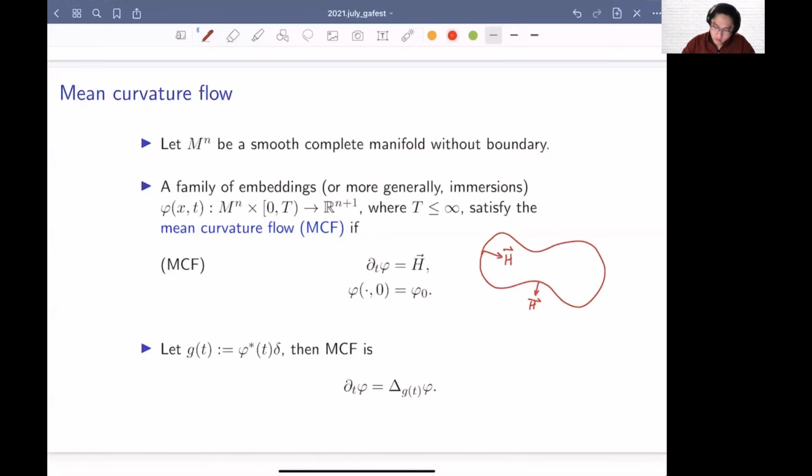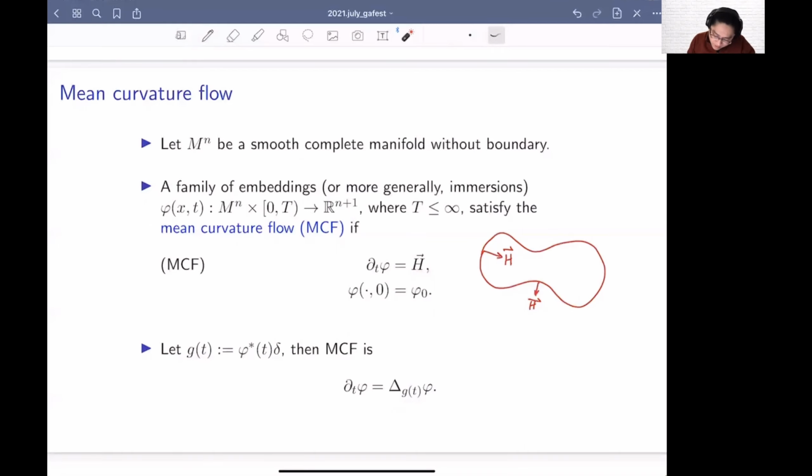And how do we understand it? Well, if we pull back the ambient Euclidean metric onto the surface to obtain a metric g, then we see the mean curvature vector is basically the Laplace operator acting on the embedding phi.